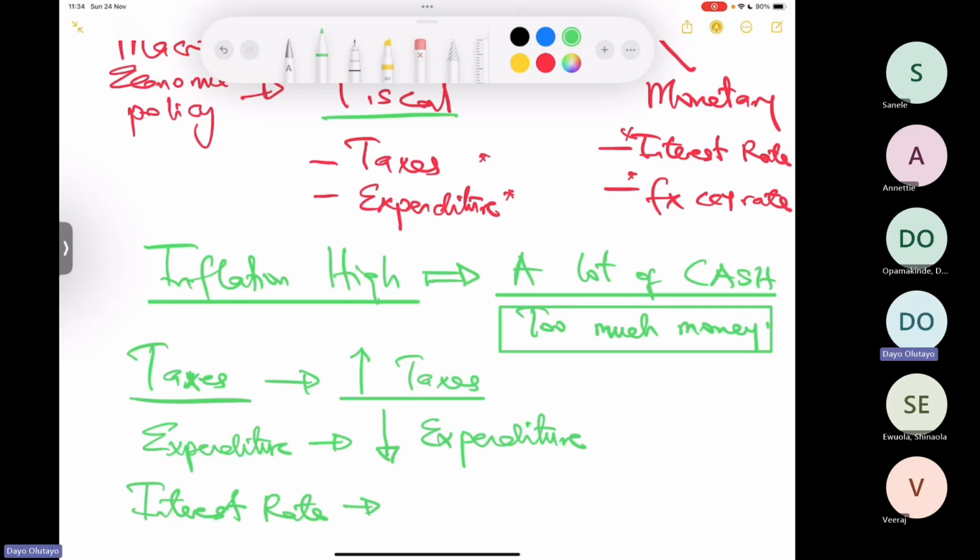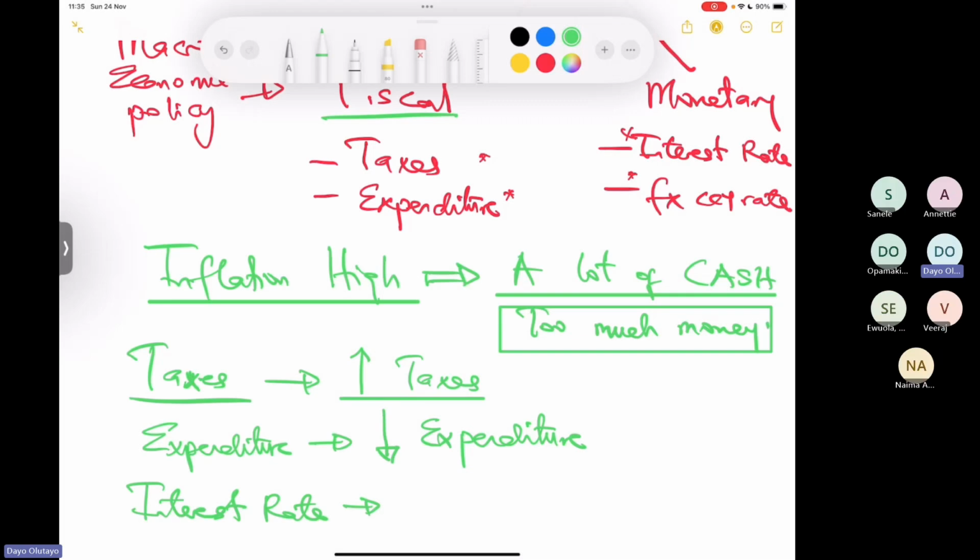Because inflation, when almost every part of the world suffered a very tremendous high inflation, 2021, 2022, because they were too lenient to peak economy after the COVID. The economy was extremely slow and low during the COVID because almost all the industry shut down, government shut down, countries shut down.